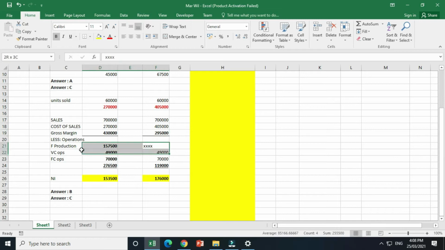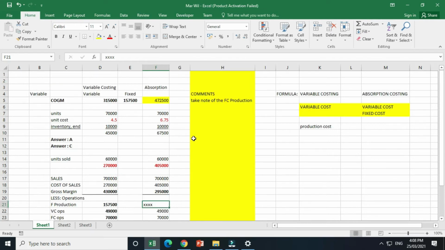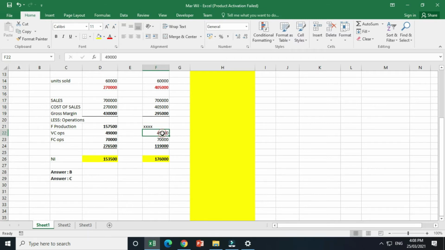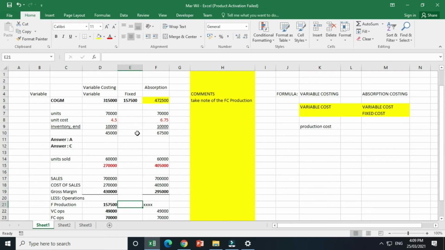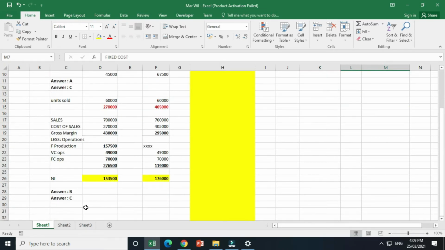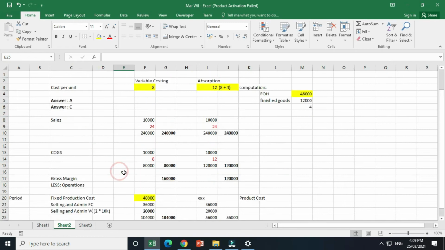This time, as you can see, the fixed production cost is again absent here because it's already absorbed right here. So the operating expenses is merely a total of 119,000. So we deduct that, we get 176,000. So the answer is letter C. So take note, the difference is just the fixed cost.